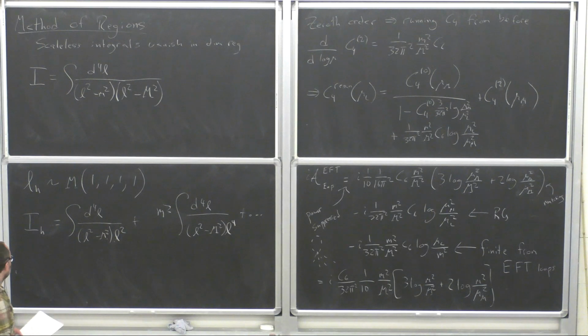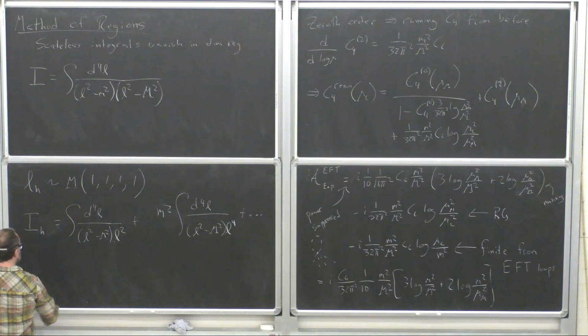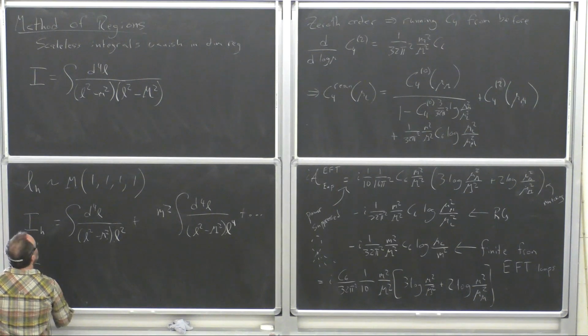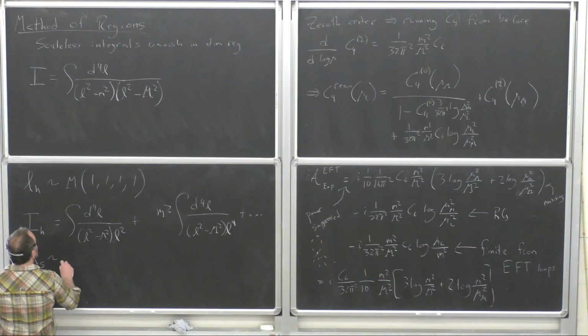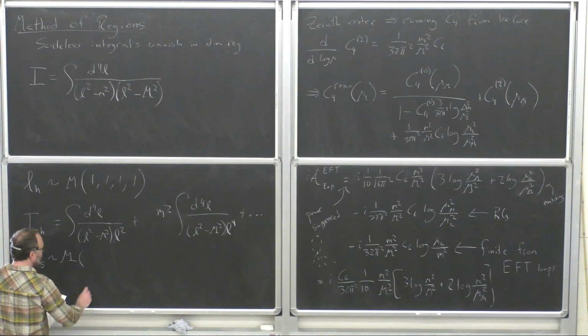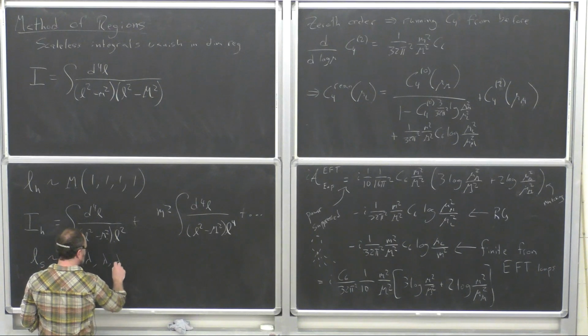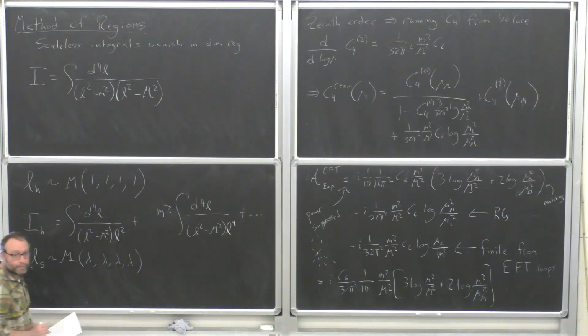The other integral is localized about little m. We'll call that the soft region. So we're going to assume L soft goes like m, the fundamental scale, but now it's power suppressed, so it goes like lambda in all its components.